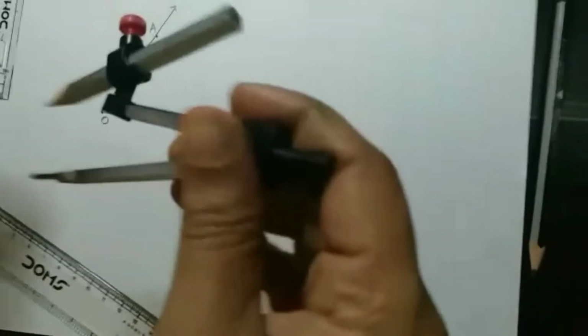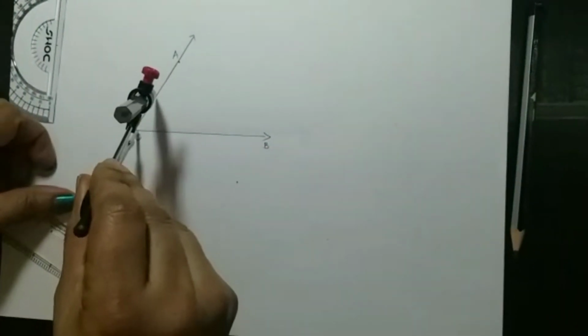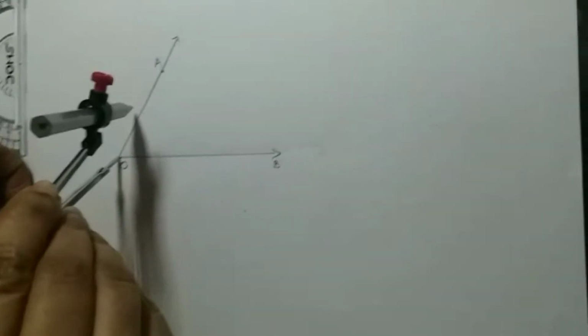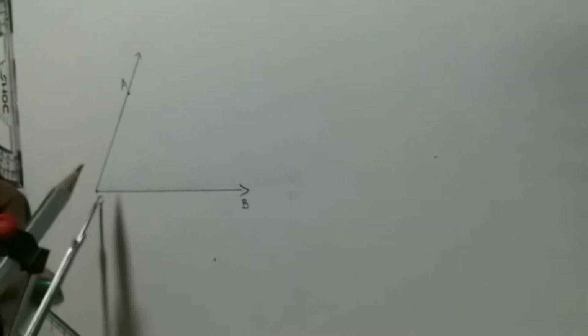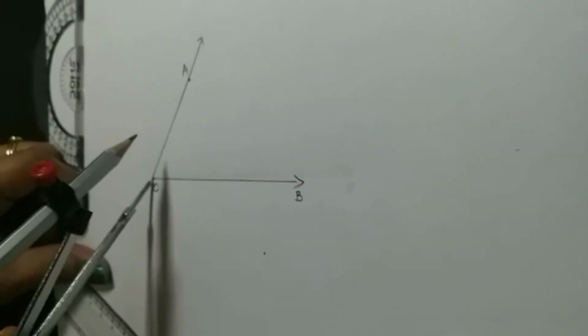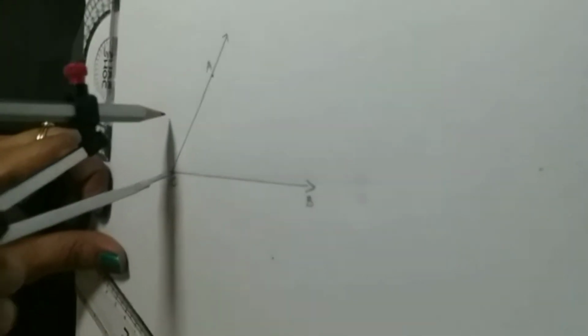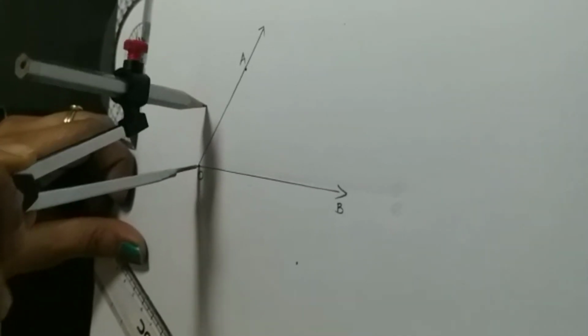You have to check that. After that you draw an arc of any radius. I don't have any particular measurement. So here, with O as center, draw an arc.